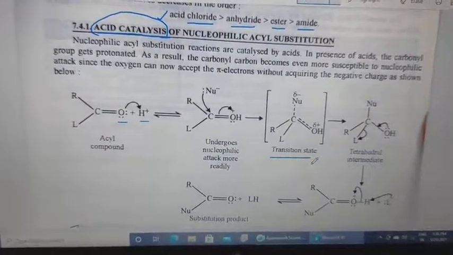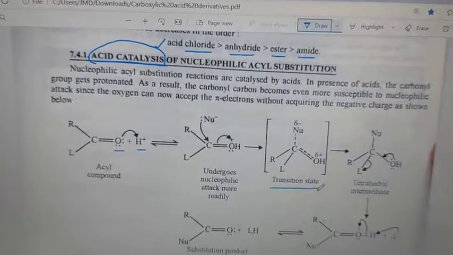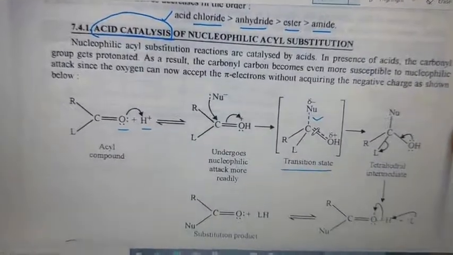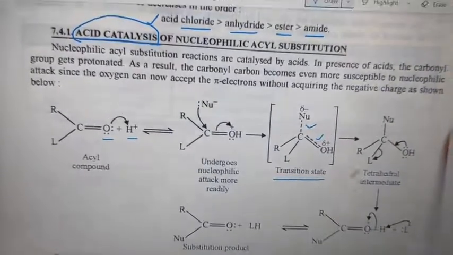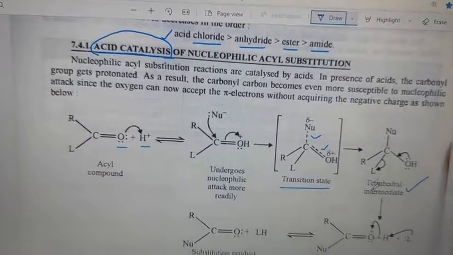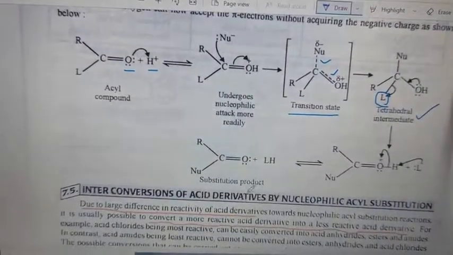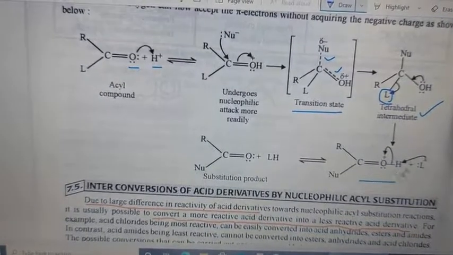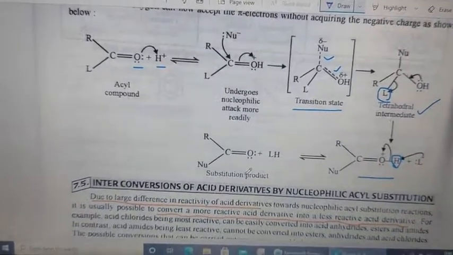After attack of the nucleophile, the transition state can be represented here. The bond of the nucleophile with carbon starts to form, and the double bond between carbon and oxygen starts breaking, and this leads to formation of the tetrahedral intermediate, followed by removal of the L group, and we get this type of compound, but it is still protonated. Then by loss of proton we get the substitution products.